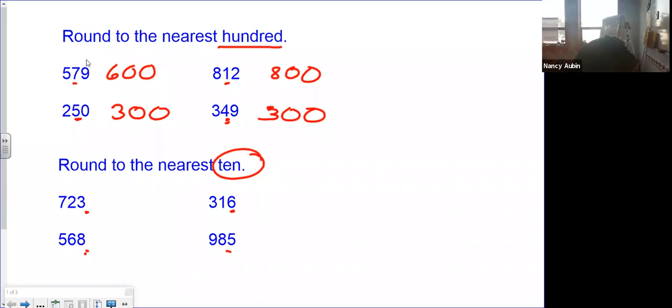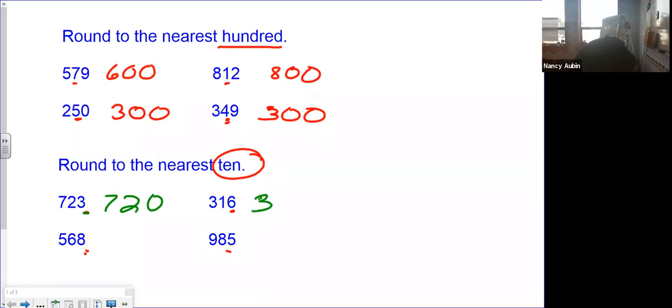All right. Paxton, what would 723 round to? 720, because of the 3 in the ones place. Nicely done. Elena, 316 rounded to the nearest 10. 320.